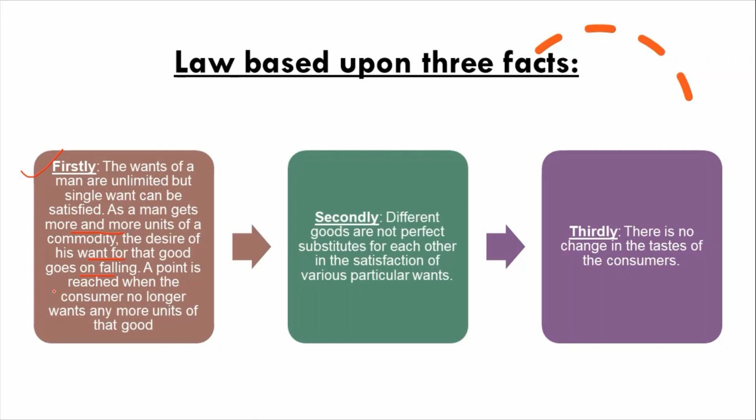You can buy 4 phones or 5 or 6, but there would come a point where you would not like buying any more phones. Even if you're getting it for free, you just do not want to take it because you have no use for it. You've reached your maximum satisfaction level from that particular phone.